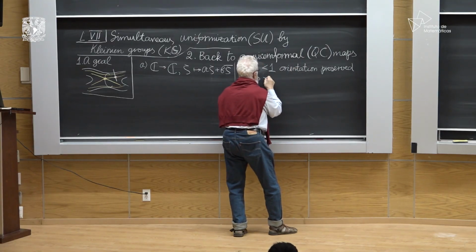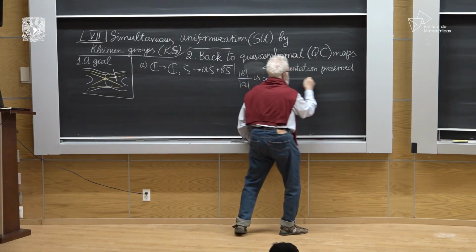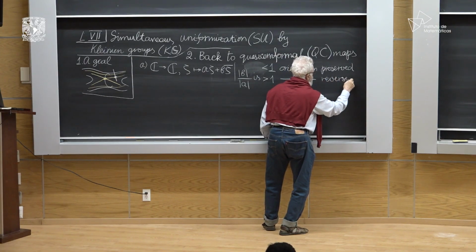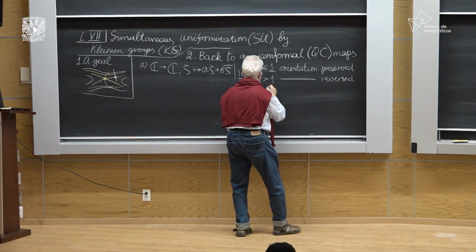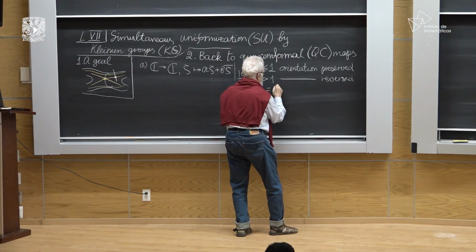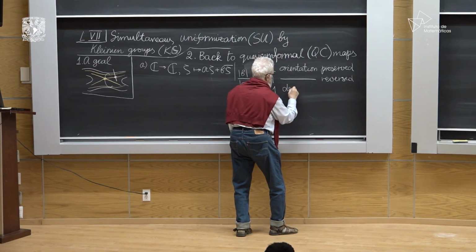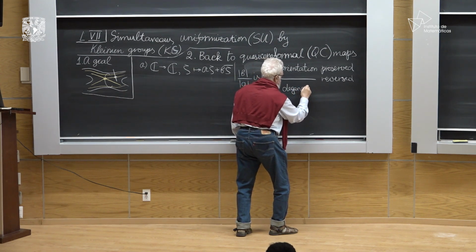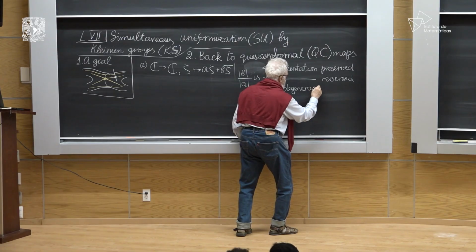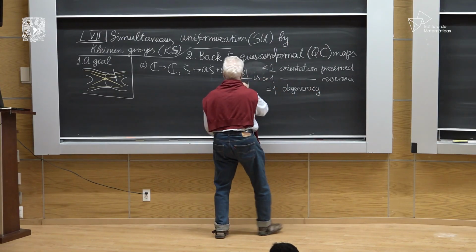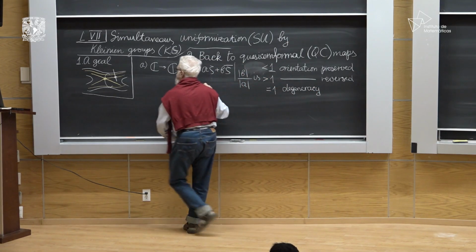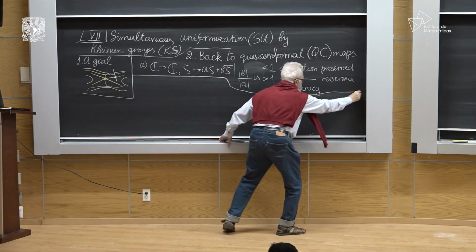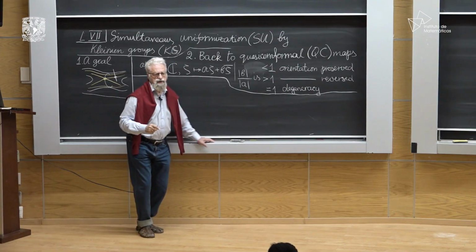When it is greater than 1, then the orientation is reversed. And when it is equal to 1, we have a degeneracy. The image is a real line rather than the whole complex line. So this is a very elementary preparatory material.